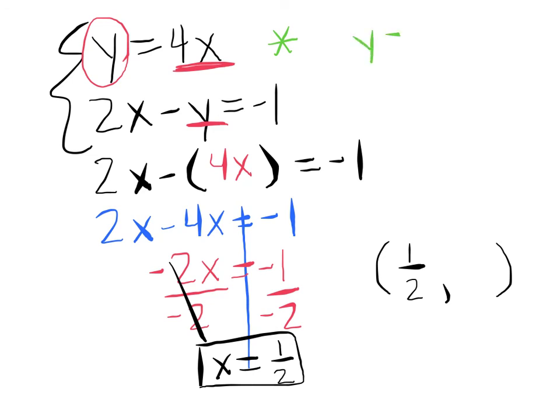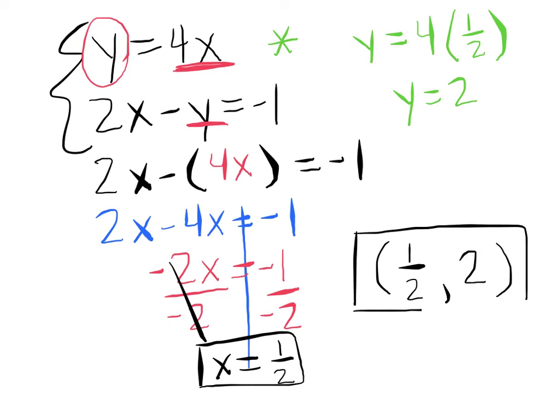We already know that x is 1/2, so we can replace the x with a 1/2. What's half of 4? 2. So y equals 2. I'm going to put that into my final answer, and if I were being really, really good, I would go ahead and plug those numbers into my original two equations to see if they worked.